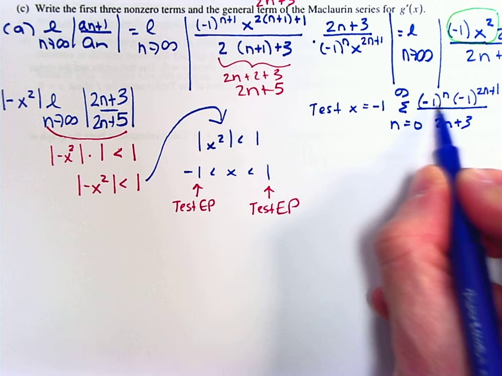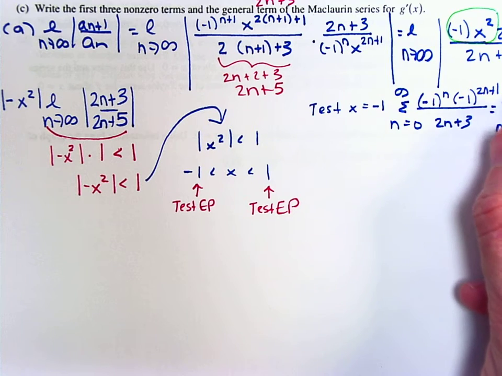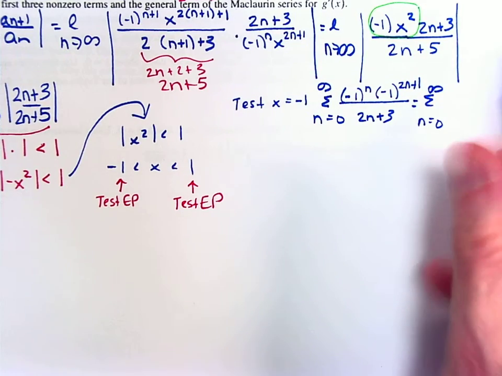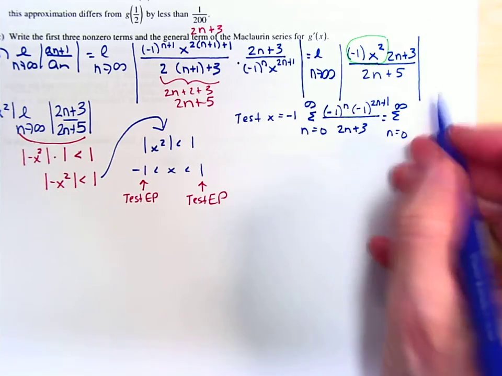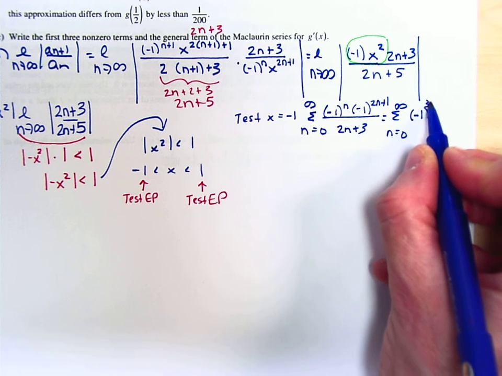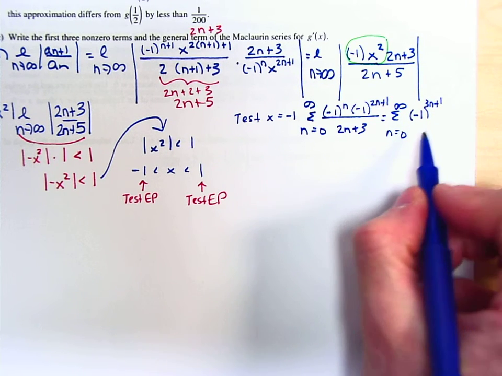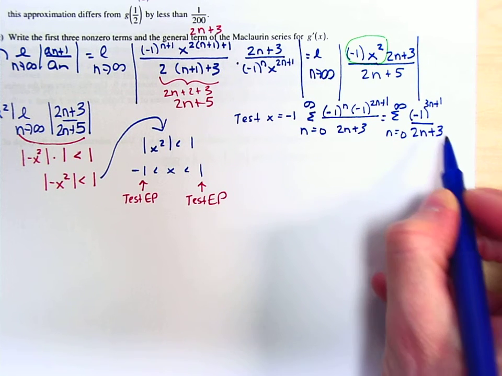So these have the same basis, so I can go ahead and combine, add those exponents. So this becomes -1 to the 3n plus 1 all over 2n plus 3.